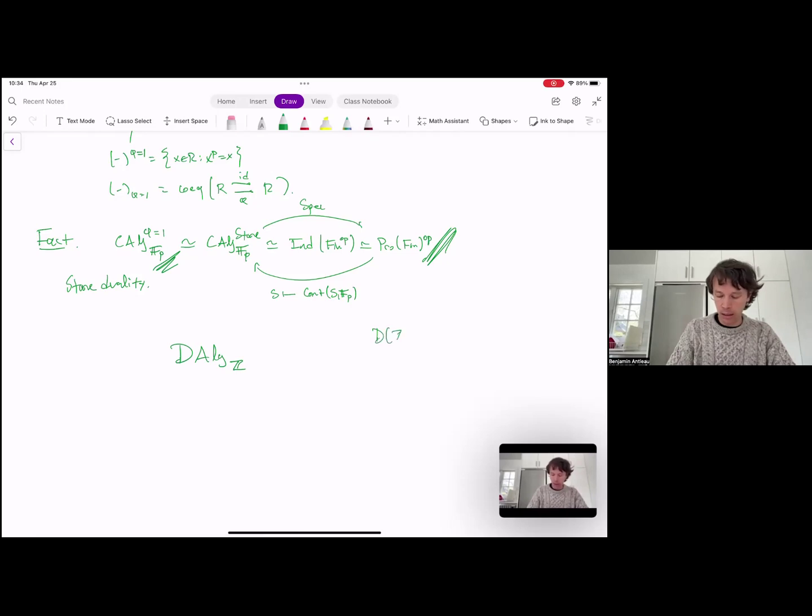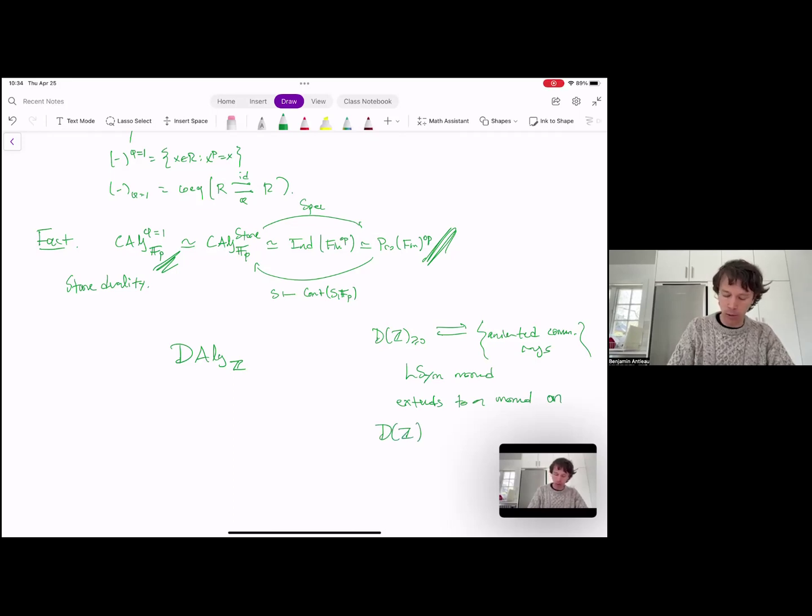You take the monad given by animated commutative rings, or simplicial. So this gives you an L-sim monad. And you just observe that this extends to a monad on the full derived category of the integers.